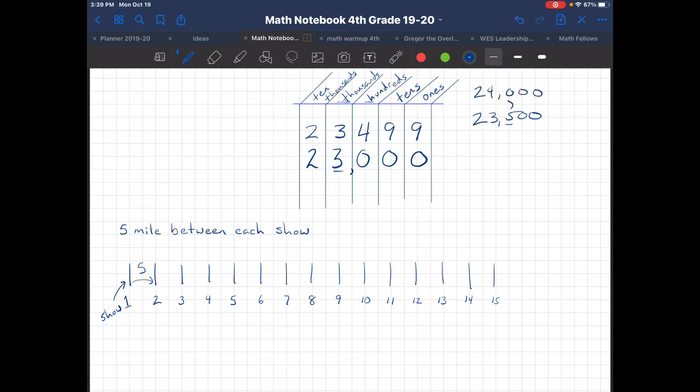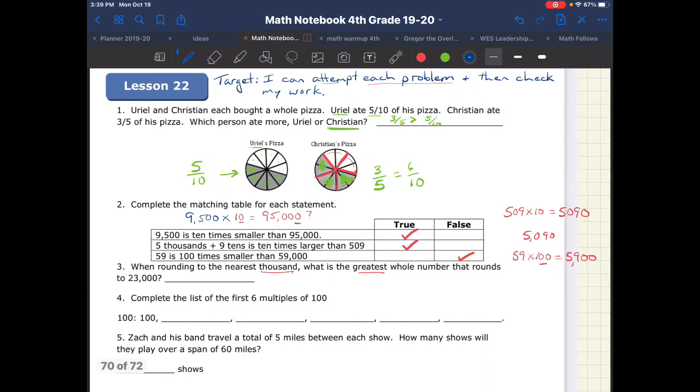It would not round to 23,000. So 23,499 is the greatest number that still rounds back down to 23,000 if we're rounding to the nearest thousand. So 23,499, that's as high as I can go.